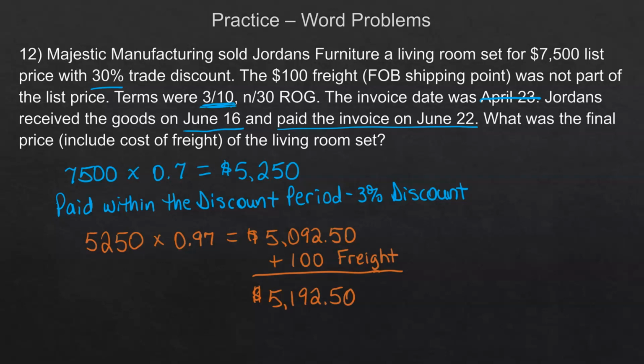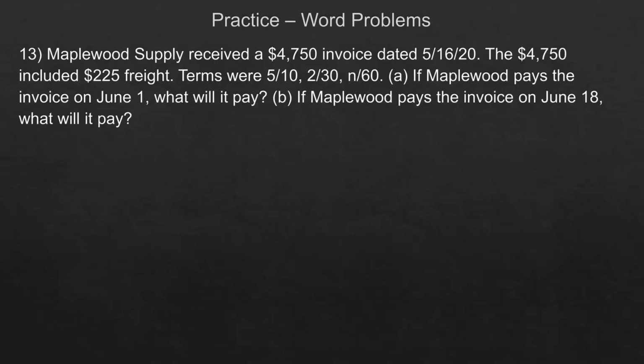And I hope you're enjoying this nice practice we're doing here. Okay, so I had to fix another silly glitch. Maplewood Supply received a $4,750 invoice dated 5/16/20. The $4,750 included $225 in freight.